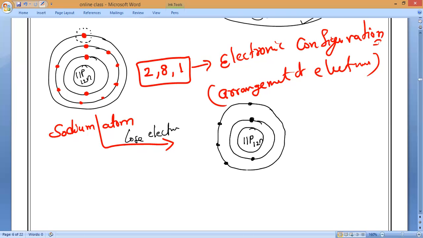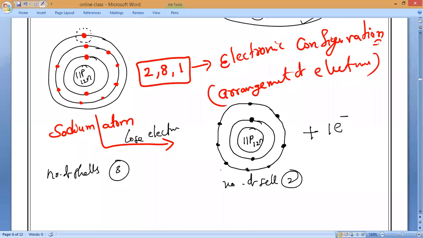Now the third shell is gone because the third electron is removed. So the atom has 3 shells, and here the number of shells is 2.